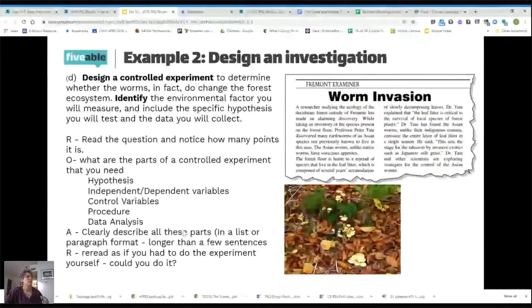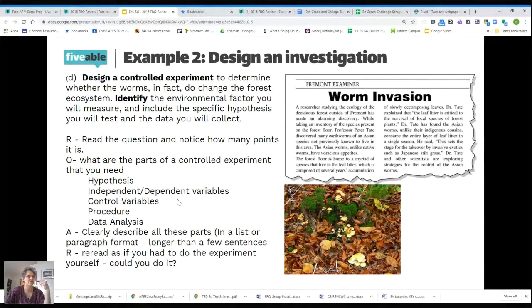All right, so this slide is kind of critical, because here's your list, and they may or may not prompt you with these things that you need as part of designing an investigation. I would definitely put it down on my sheet: you need to talk about hypothesis.